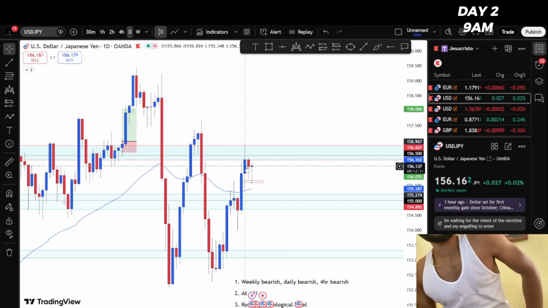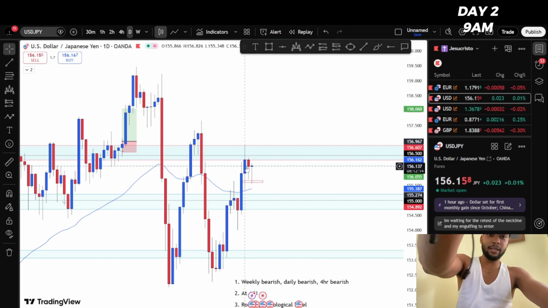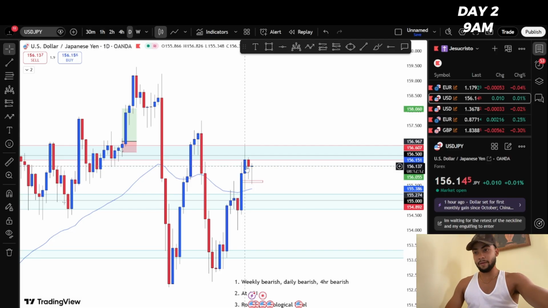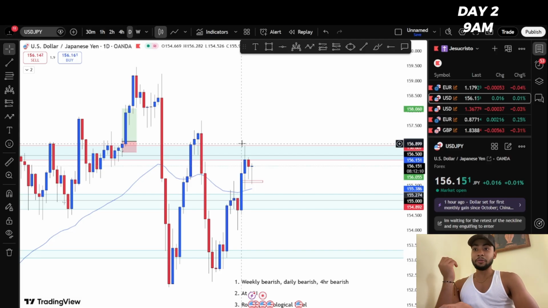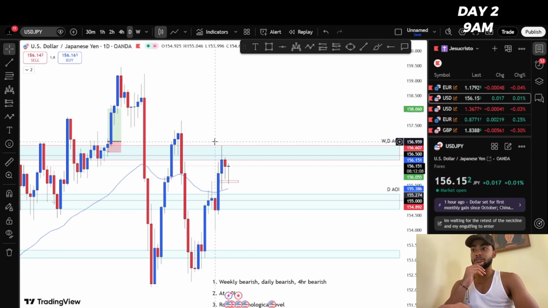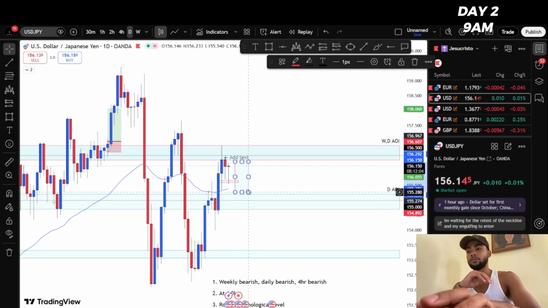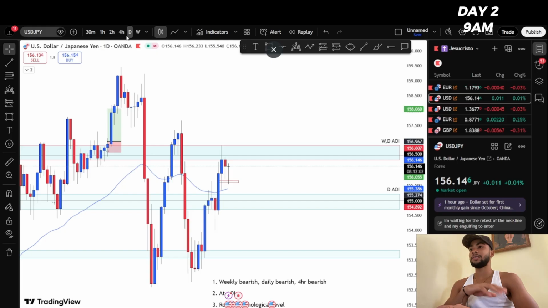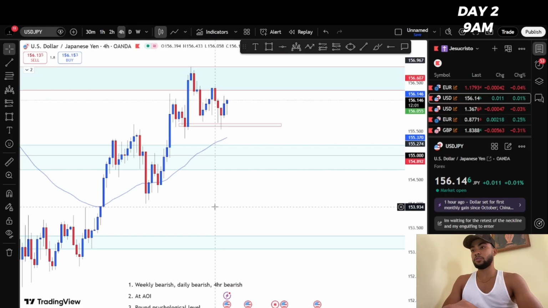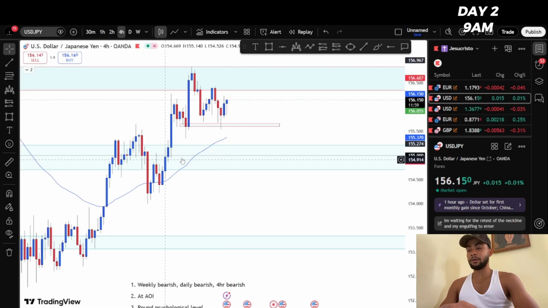Price is rejecting this area of interest right here, and it's giving me a very, very good indication that next week we can come back and fill those weak fills. The only thing that I don't like about this trade is this level of support that we have right here.